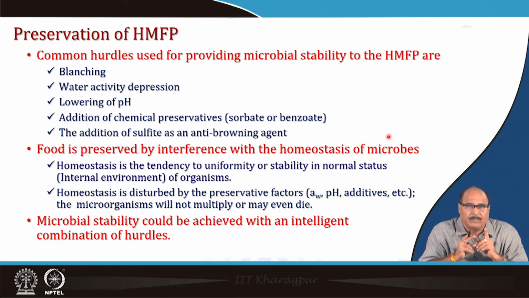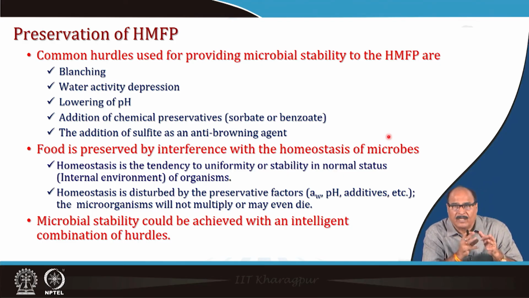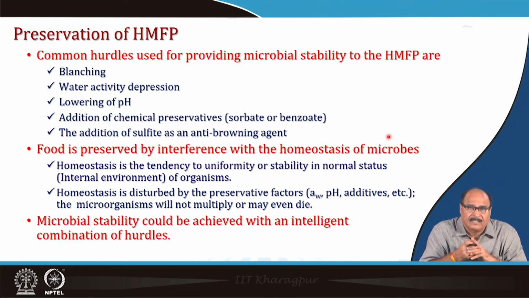So, microbial stability could be achieved with an intelligent combination of these hurdles, and the food will be stable even if it has a very high water activity, but it will be stable at room temperature. Food is preserved by interference with the homeostasis of the microorganisms. Again, this aspect we studied in detail in the hurdle technology lecture.